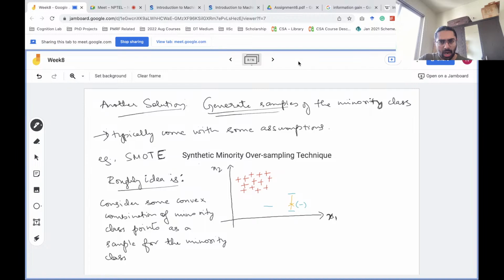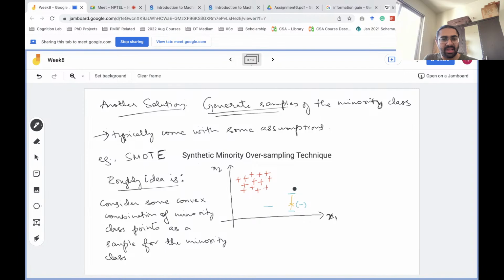The idea here is that, let's say I have this positive class here, and I just have three negative class examples with me. I draw a line between any two points in the minority class, and I choose any one point on this line as my new point of the smaller class.